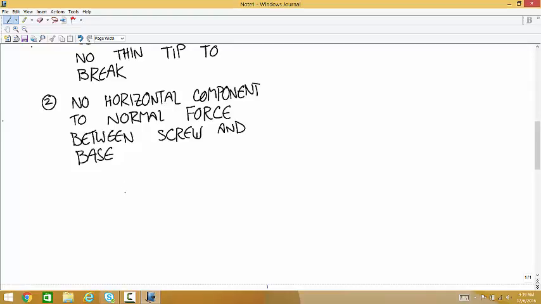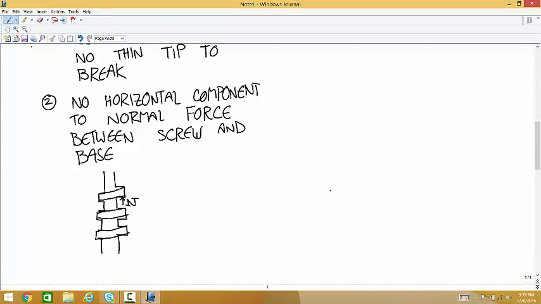So the thread would look like this. And if you think about the normal force on this surface, it depends which surface is pushing. So there's a normal force like that, straight vertical.